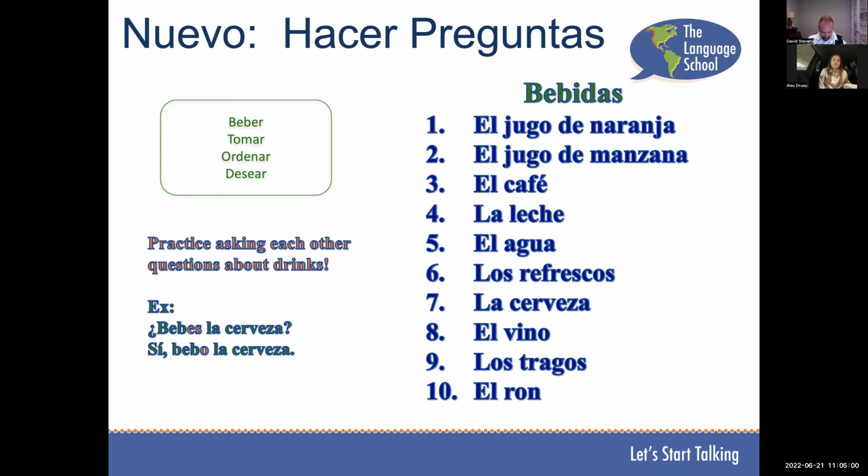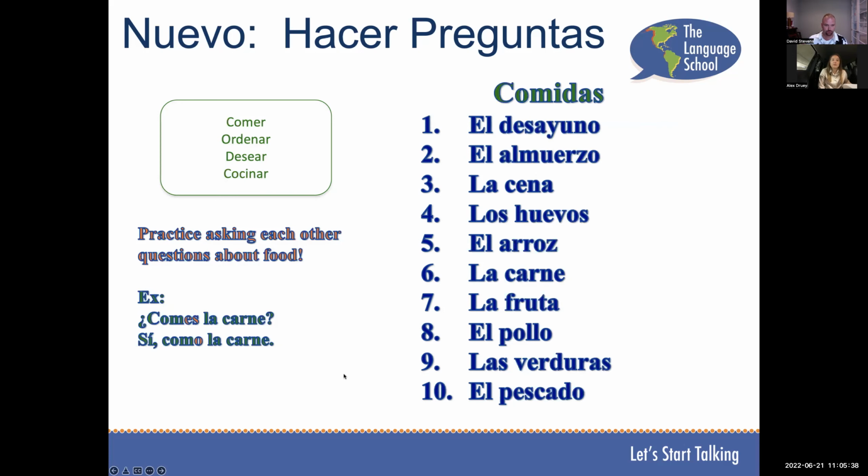Sí, bebo la leche a veces. ¿Deseas los refrescos? Sí, deseo los refrescos. ¿Bebes la cerveza? No, no bebo la cerveza. ¿Bebes el vino? No, no bebo el vino. ¿Deseas los tragos? No, no deseo los tragos. ¿Ordenas el ron? No, no ordeno el ron. Muy bien.